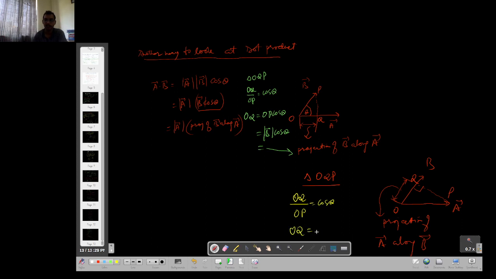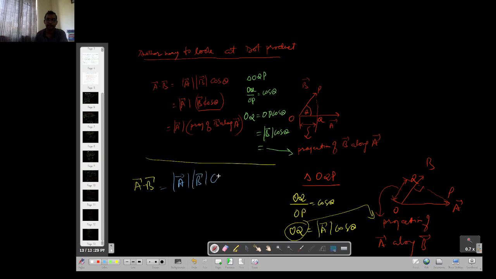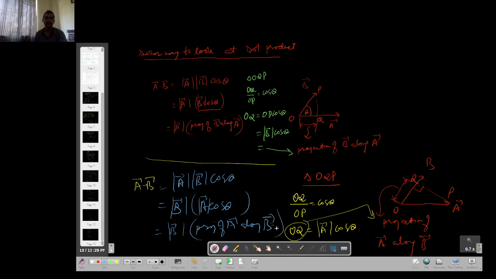So that means OQ is equal to OP, and this OP is the vector A, so magnitude of A cos theta, and this is the projection of A along B. So keeping this in mind, I can also write down A dot B as magnitude of B times A cos theta, where A cos theta is nothing but the projection of A along B. So this is a new way to look at the dot product.